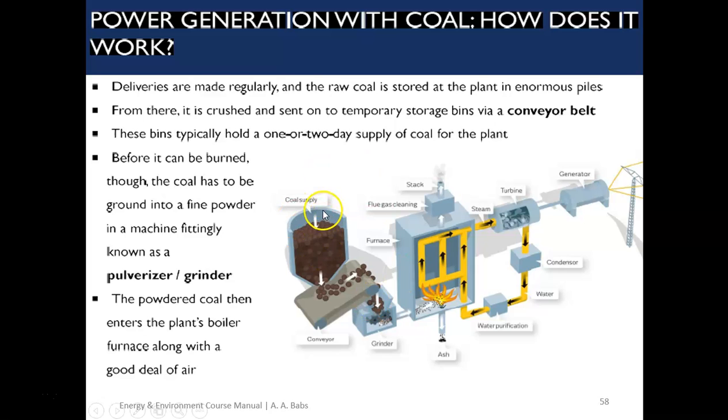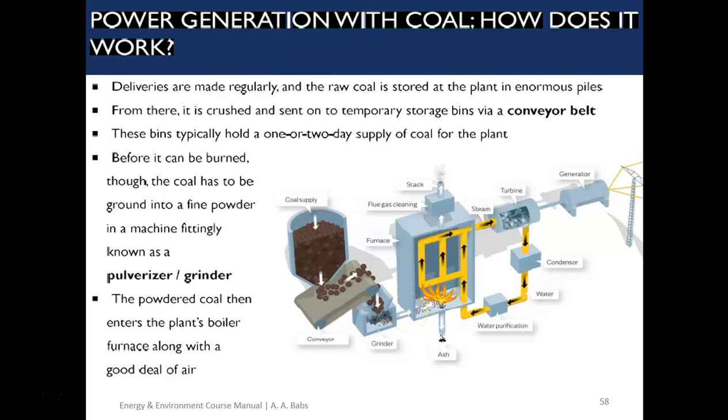You will see here that as coal comes from the supply, it goes to the conveyor, and then from the conveyor the conveyor belt moves it to the bin, and then from there right into the grinder. So the grinder grinds the coal into a fine powder. Now it is this fine powdered form of coal that is then supplied to the furnace alongside a lot of air.